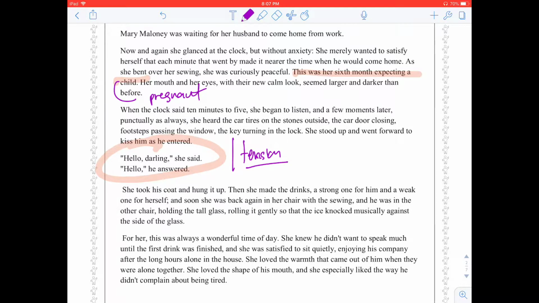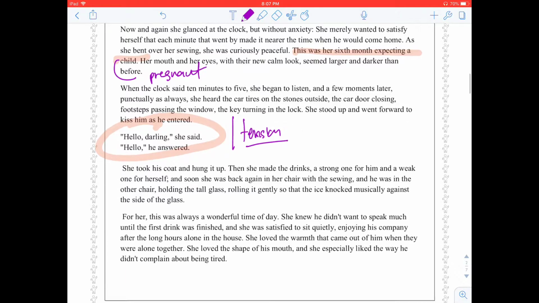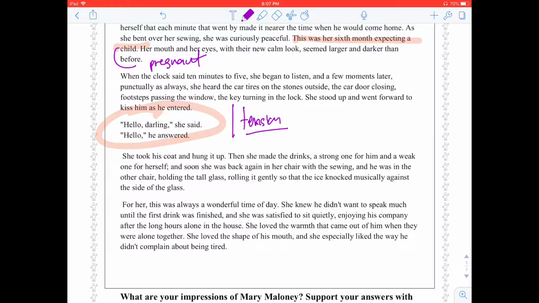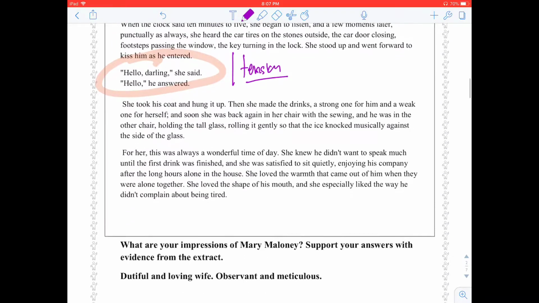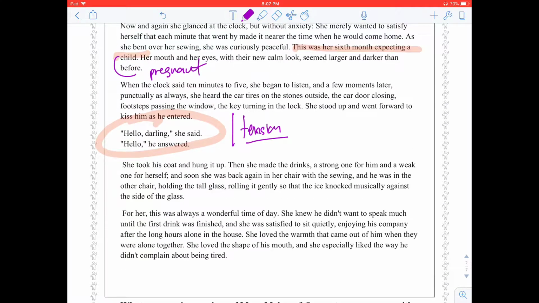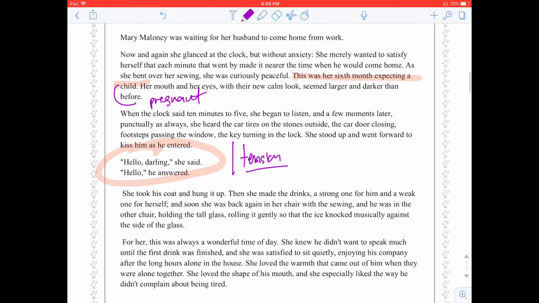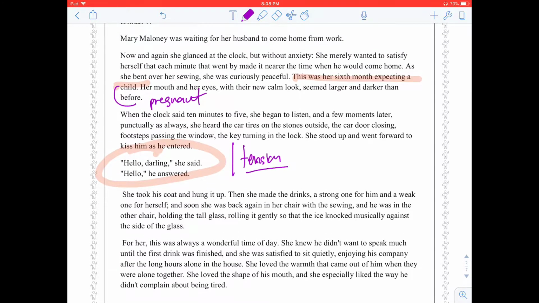Because we see her giving him a term of endearment, but the husband replies just very simply. Then look at this part. She took his coat and hung it up. Then she made the drinks. And then she was back on her chair sewing, so she's very considerate as a wife.